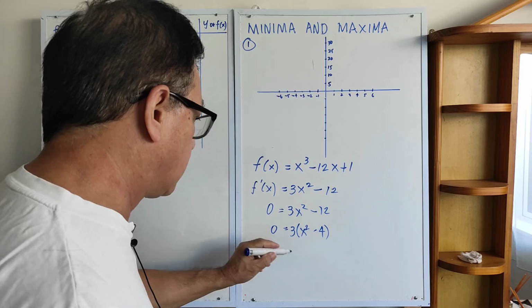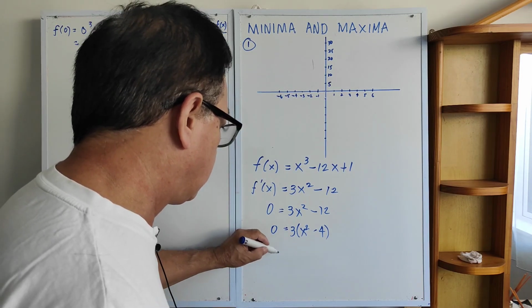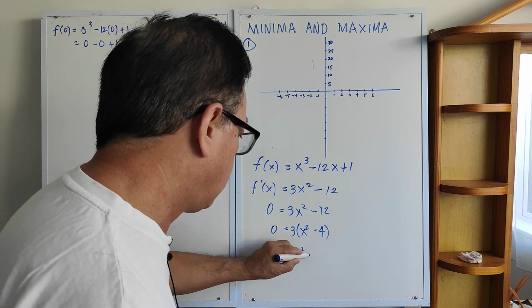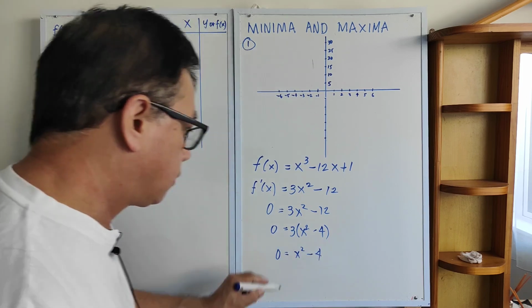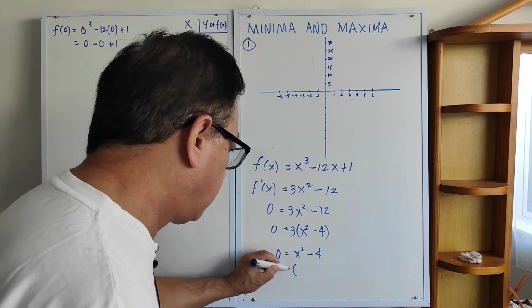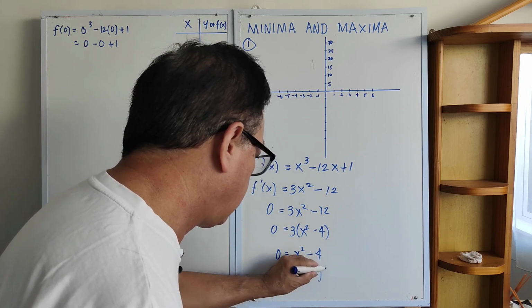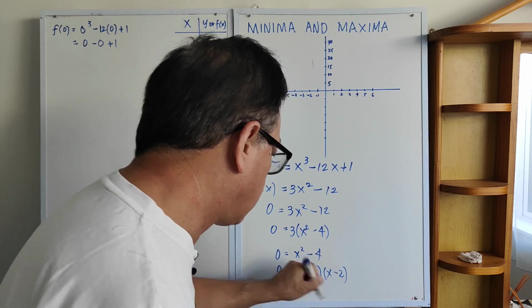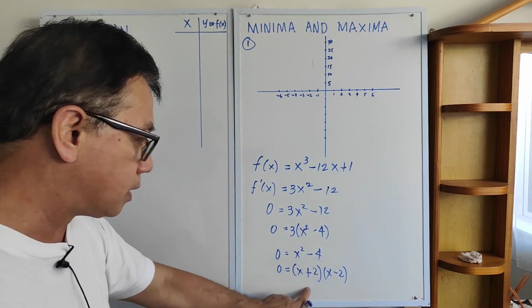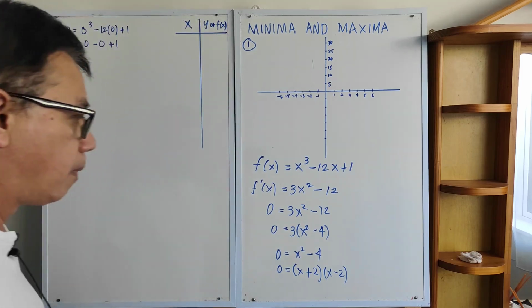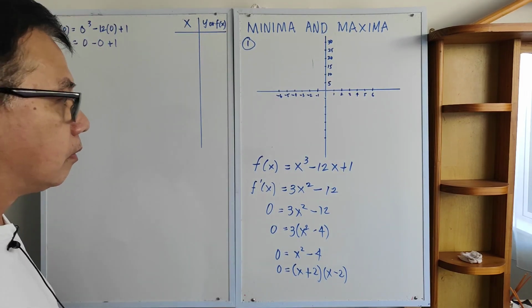So we can divide both sides by 3. What we have is x squared minus 4. We can factor it again. Because this is a difference of two squares, I have factored it into x plus 2 times x minus 2, equal to 0.